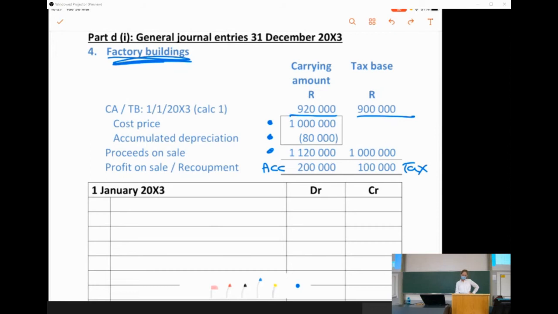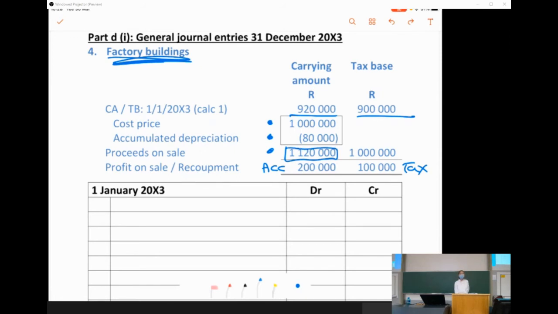This does not look right, because the proceeds should be the same also. Just quickly double check that. Oh, okay. So this is the total proceeds on the sale, yes.